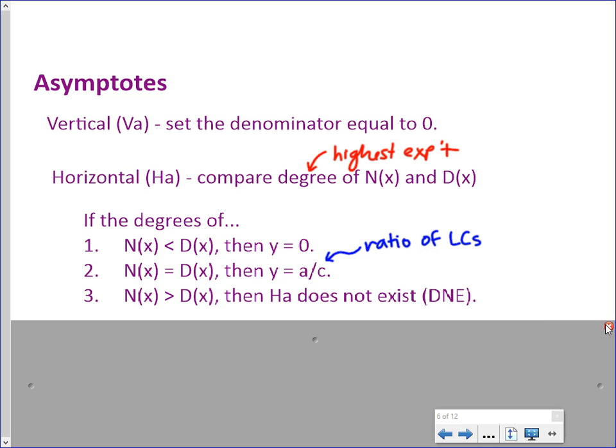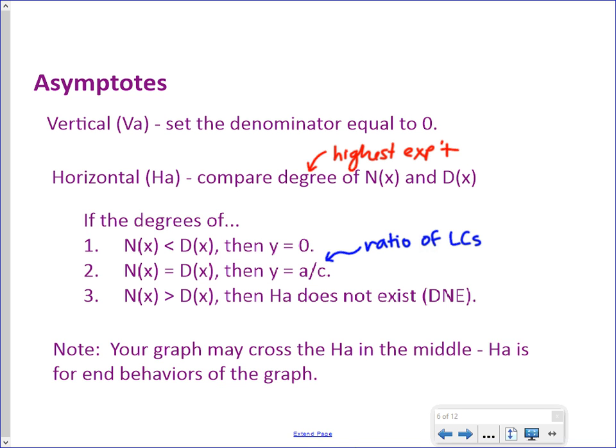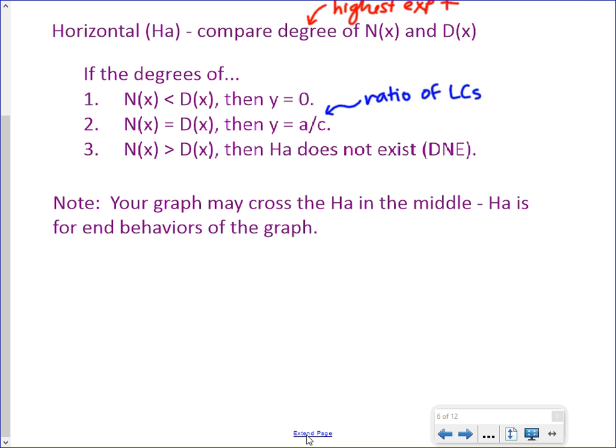Now, there's one final thing on this slide, and I just want to put this out there in case you encounter a problem like this. Because this can happen as the rational functions, the fractions, and the polynomials, the numerator and the denominator become more complex, you actually can cross a horizontal asymptote. It just happens in the middle of your graph. The horizontal asymptote is really for end behavior.